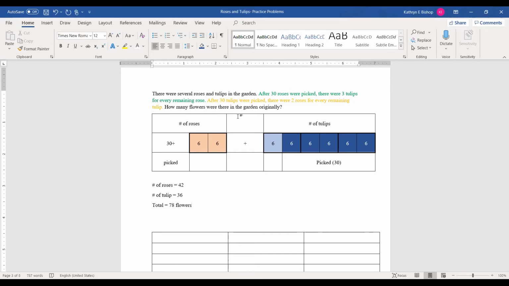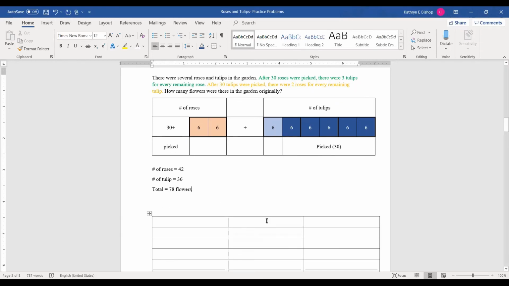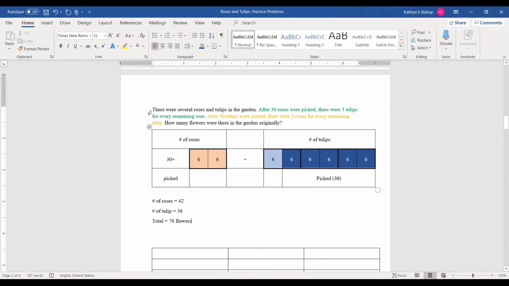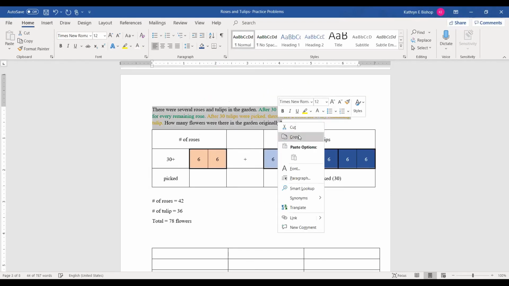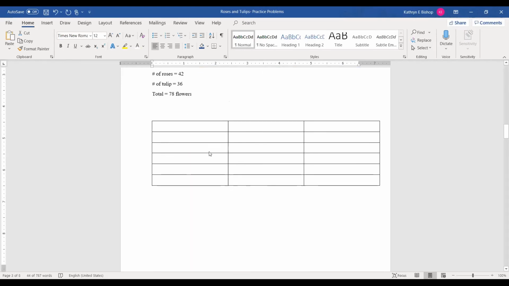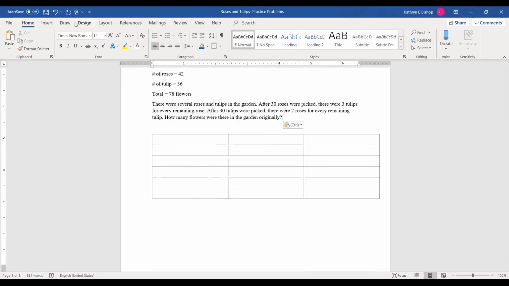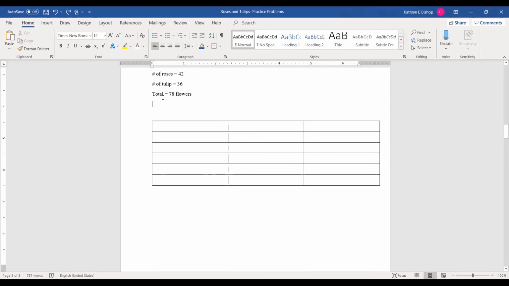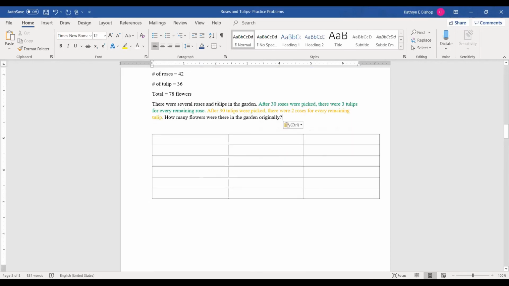And if I wanted to check my work, I can go down here to this table I have set up. I can copy and paste here. Oh, let me make sure I get the colors in there. There we go. So that way we can just look at my answers and the original problem.